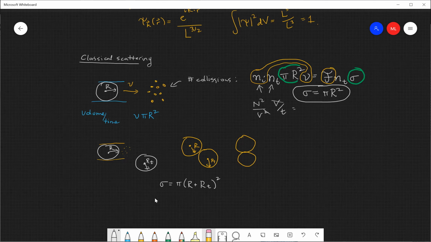So the cross section here is going to be pi times the sum of the two radii, the incoming and the target, squared. So that's the idea of a cross section. It gives you, roughly speaking, the area that the incoming particle sees for purposes of colliding with some target. Okay, any questions about that?